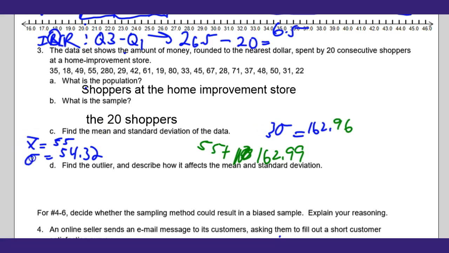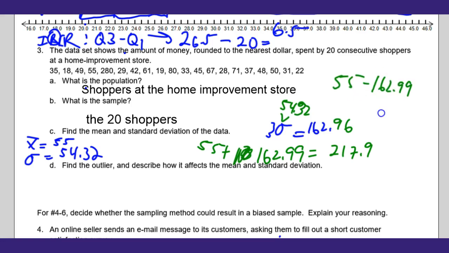This is sigma, so it's 3 times 54.32, which is going to be 162.96. So if I add 55 to that, we get 217.9.